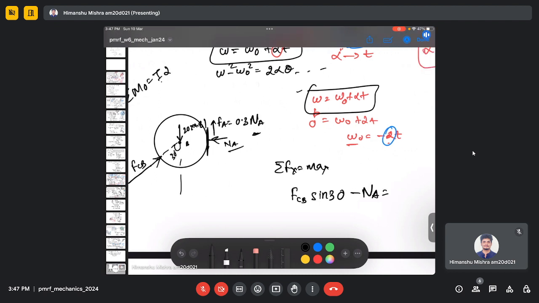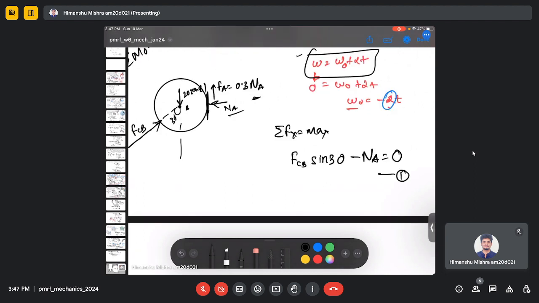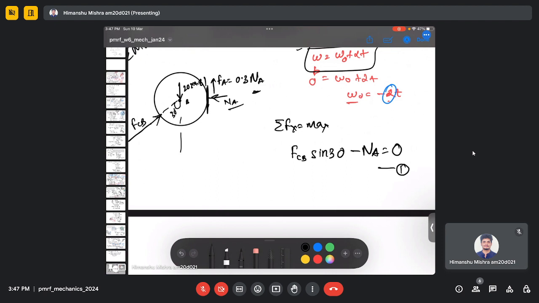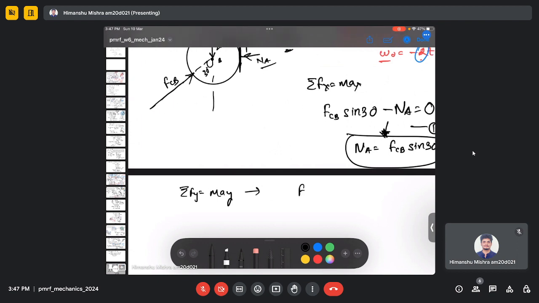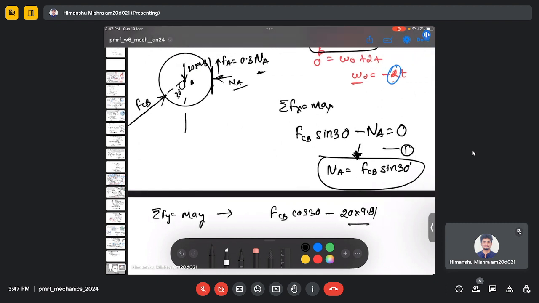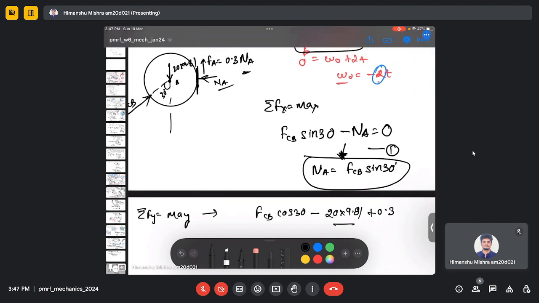Since there is no motion in the x direction, the ax will be 0. If I do the same in y direction, and this is my height, and then there is a friction force. It is 0 because there is no motion.